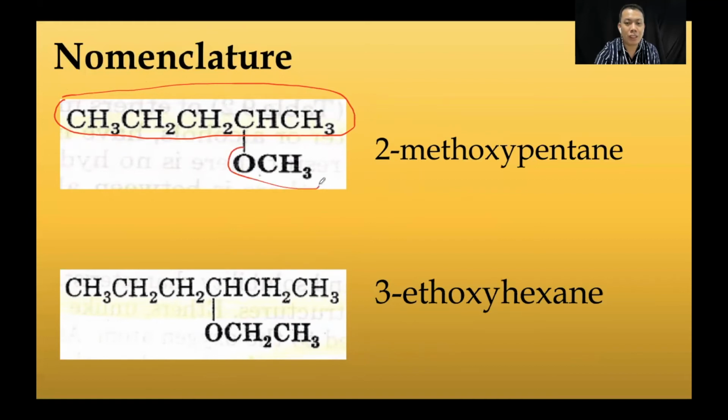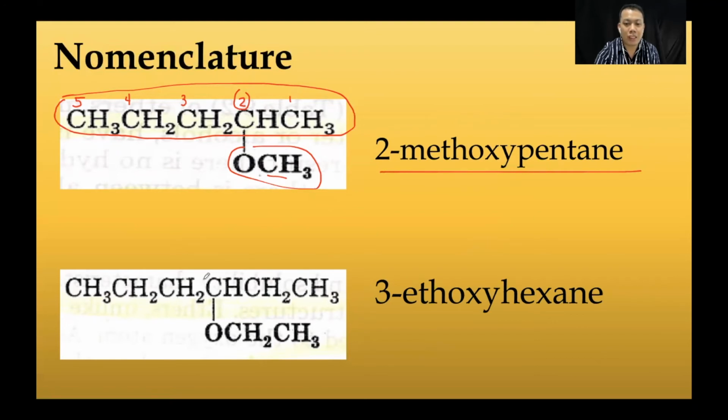So this is the alkoxy group. This is methoxy because there's one carbon here. So label it 1, 2, 3, 4, and then 5. So you have here pentane. Then the methoxy is found on the second carbon. So that's why the name is 2-methoxypentane.